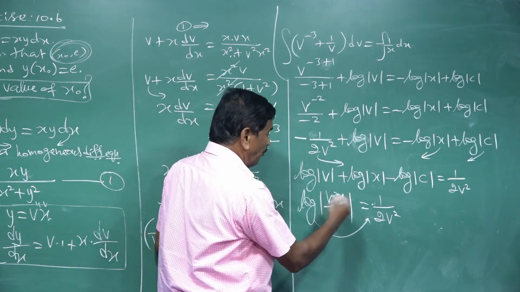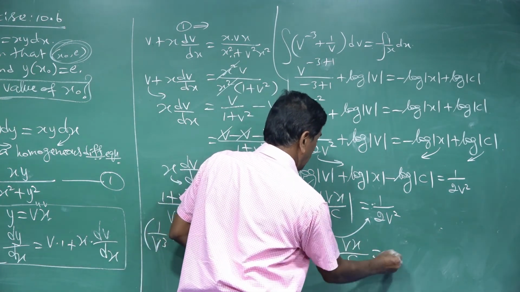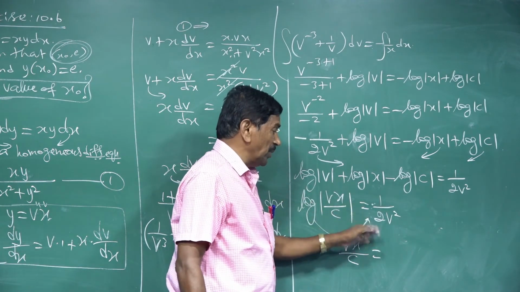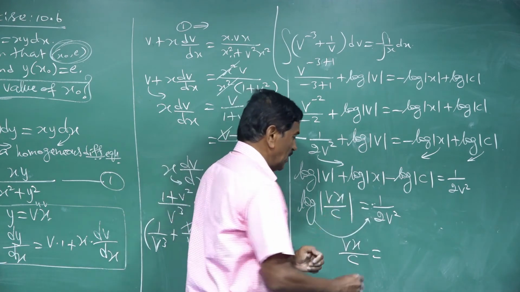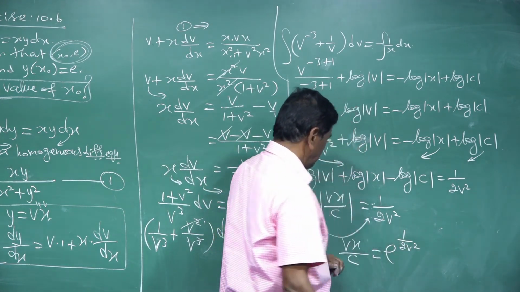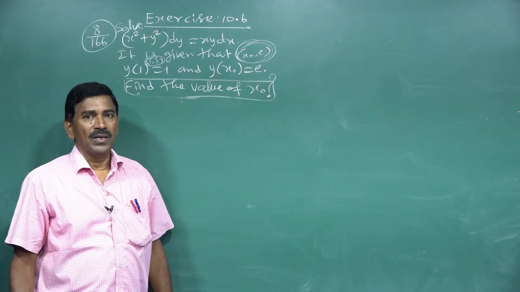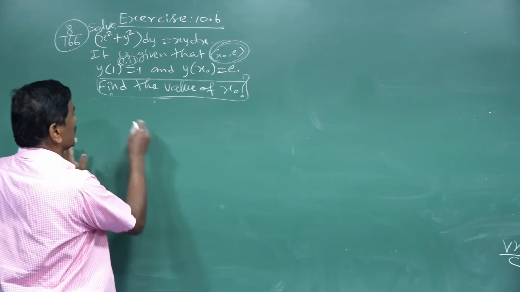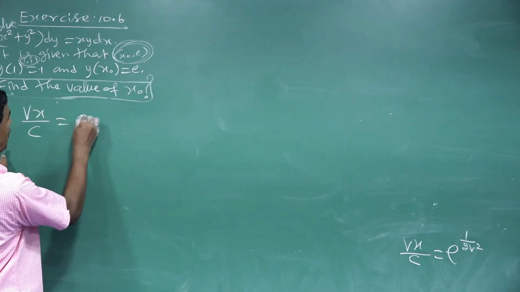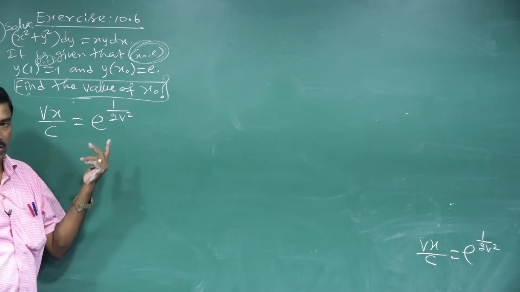That is vx by c is equal to e power 1 by 2v square. Okay. Up to this correct. Children listen, the last step is vx divided by c, which is equal to e power 1 by 2v square, which we got just before.